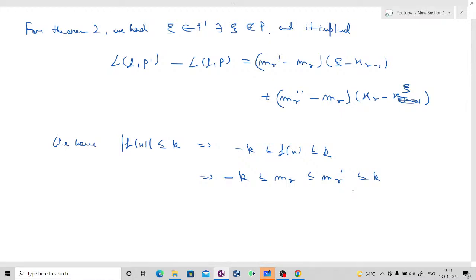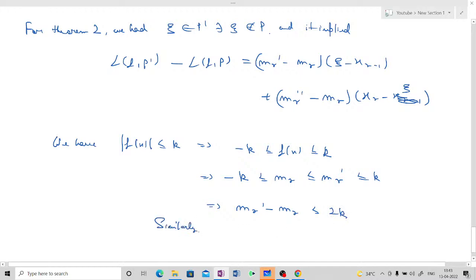And mr is also less than equals to mr prime. We already know it. From here we can write mr prime minus mr is less than equals to 2k. Similarly, we can also write mr double prime minus mr is less than equals to 2k itself.